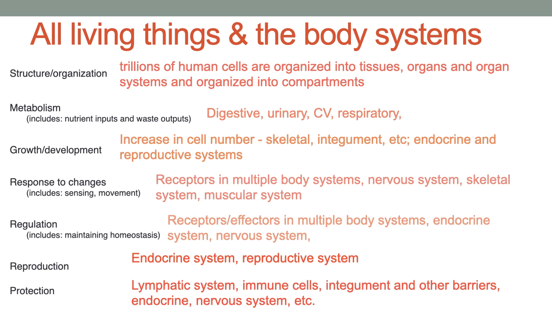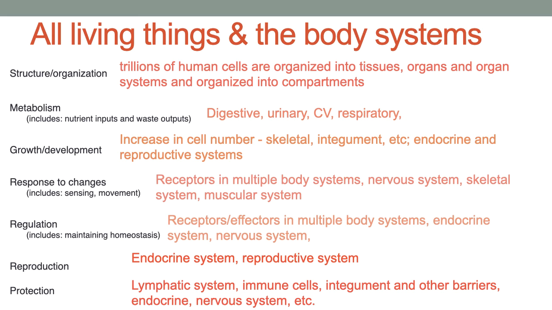The nervous system will also be involved. For example, you may not just be talking about coordination of the immune system. Again, if there is a fight or flight situation, the nervous system and the endocrine system are going to be involved in that as well. So the take-home message here is that multiple body systems are going to be involved in all of these basic functions.